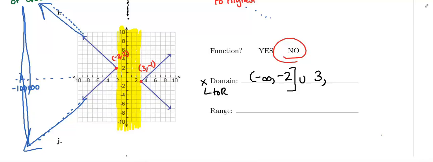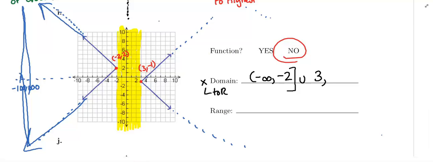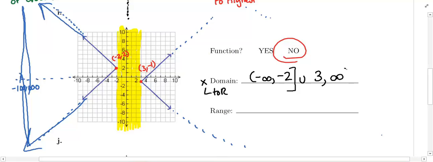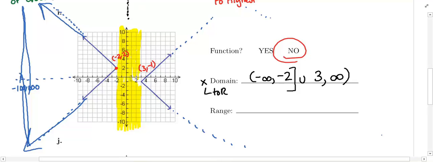And then after that, you ask yourself, what is the rightmost point? Well, because of the arrowheads, the graph is going to be traveling to the right forever. So for the rightmost point, we'll just put positive infinity. At 3, negative 1, there is no open circle there. Well, there's no closed circle.